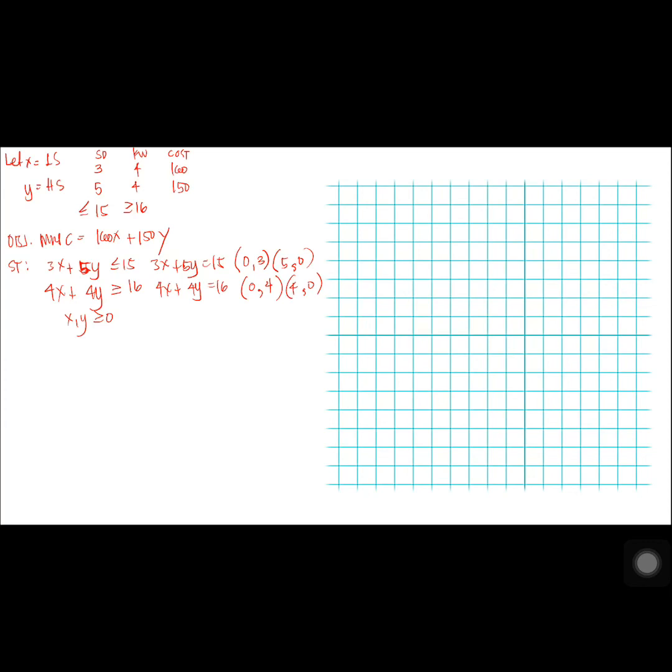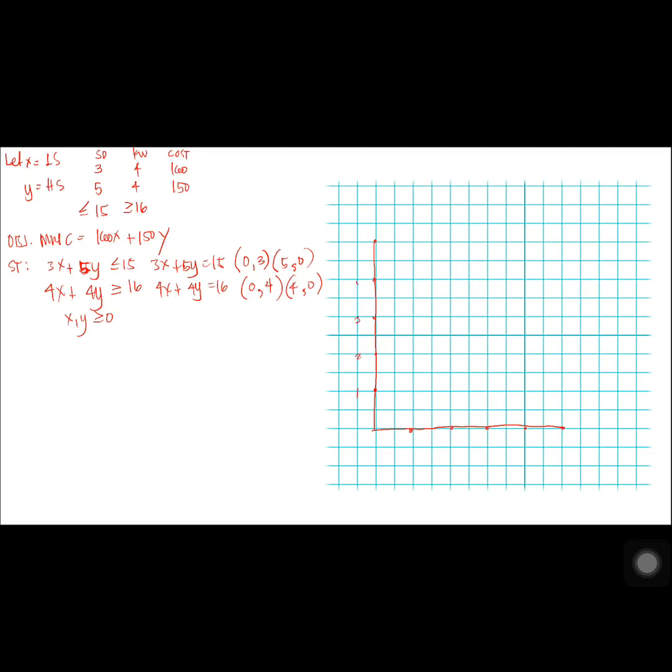So let us draw our graph, or graph our constraints. Let's make a bigger graph.